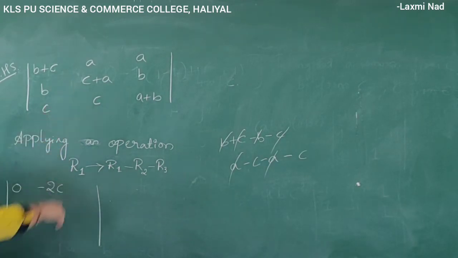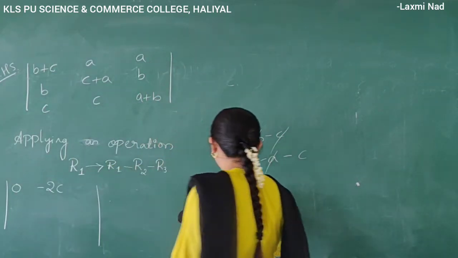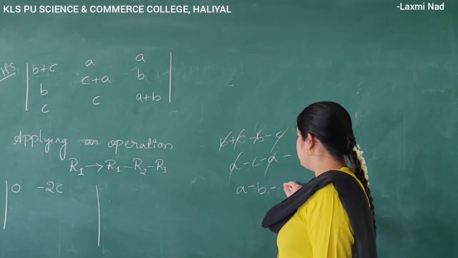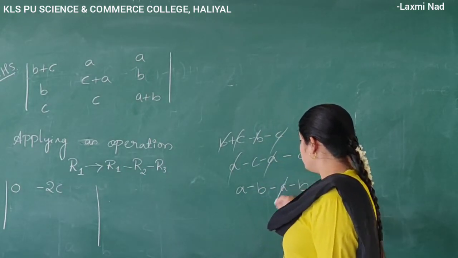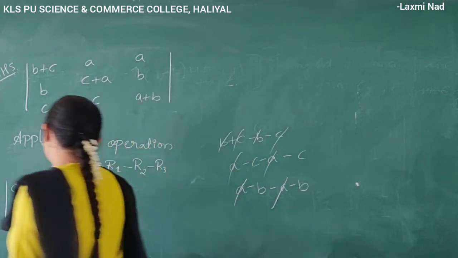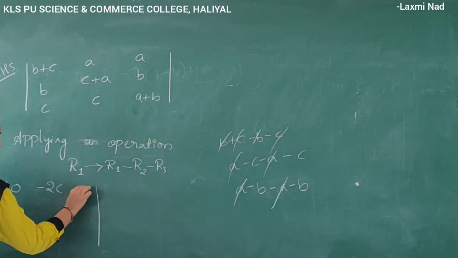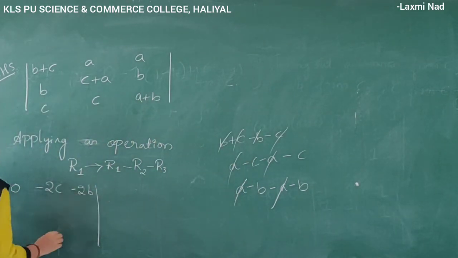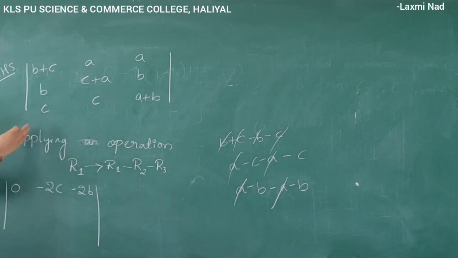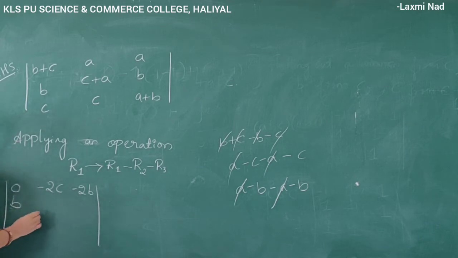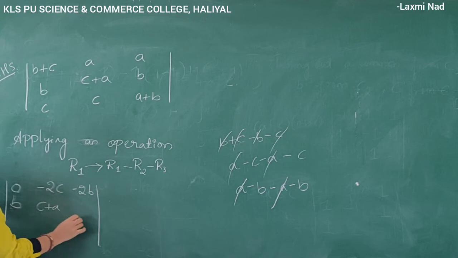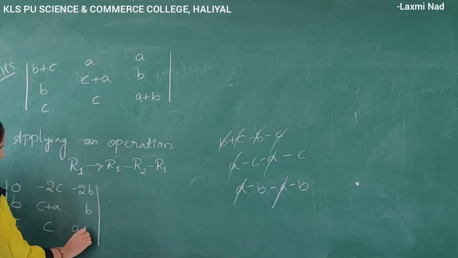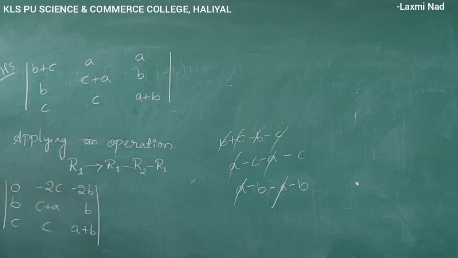For the last one, A minus B minus A: plus A minus A cancels, left with minus 2B. The remaining R2 and R3 you write as they are, because I am operating only on R1. So B, C plus A, and B, C, A plus B.